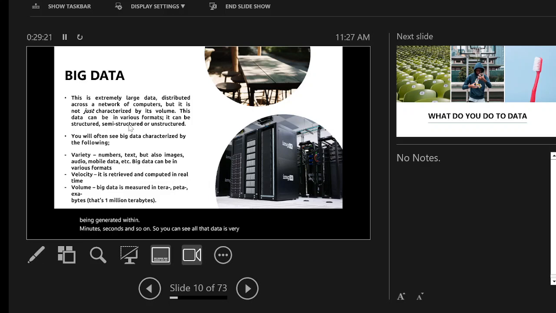And big data is not stored in relational databases. So big data is stored in what's called data lakes. Big data is stored in data lakes. It's called data lakes.